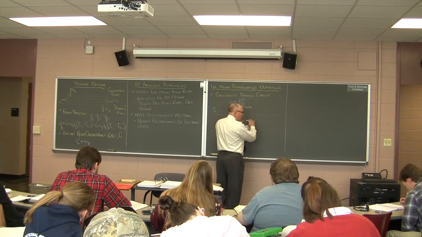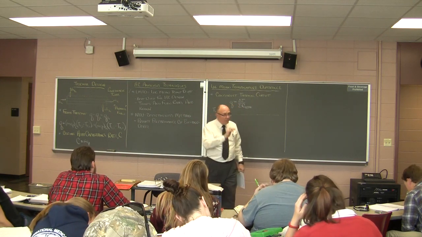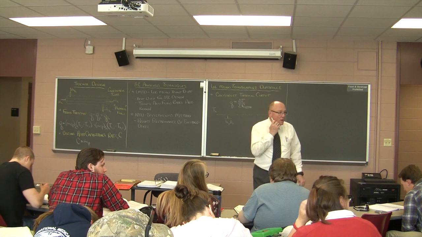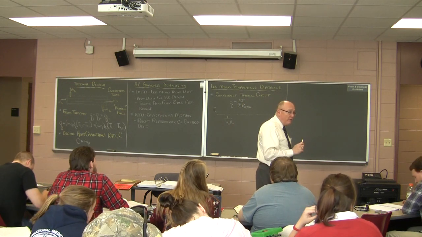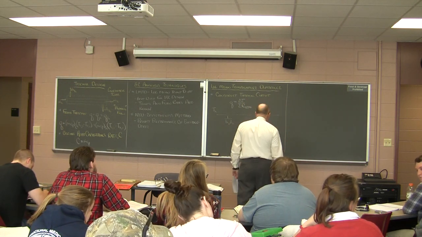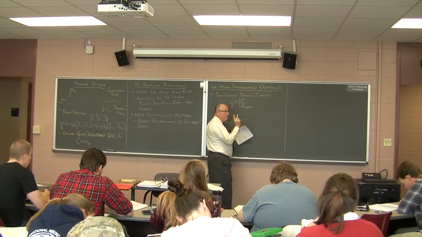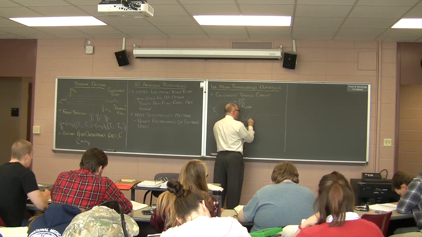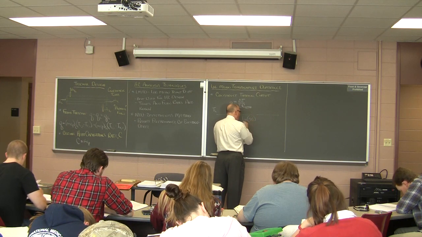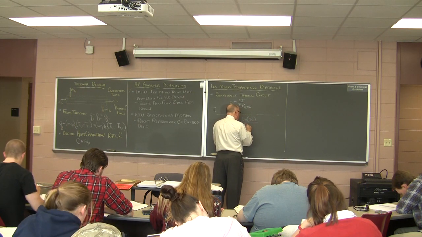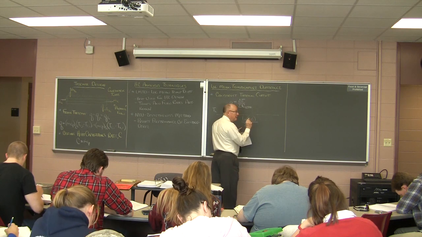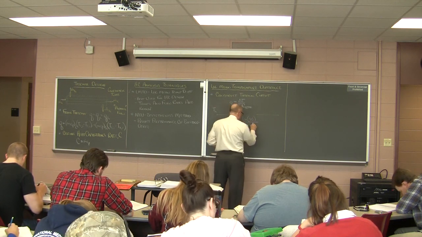All right, then we have the resistance due to what? Gio? Material. Correct, the pipe. And do you recall off the top of your head what that is? Natural logarithm of R2 divided by R1 over 2 pi K L, the length.